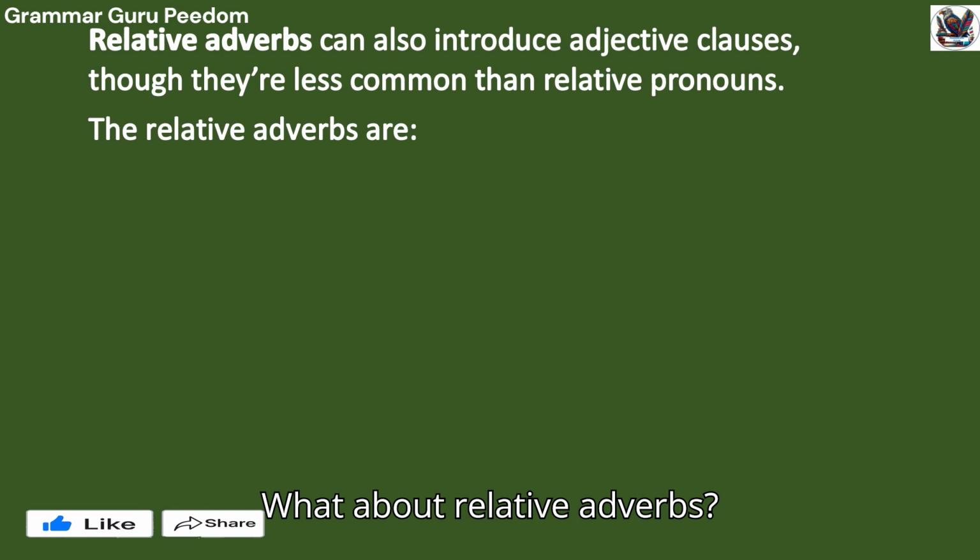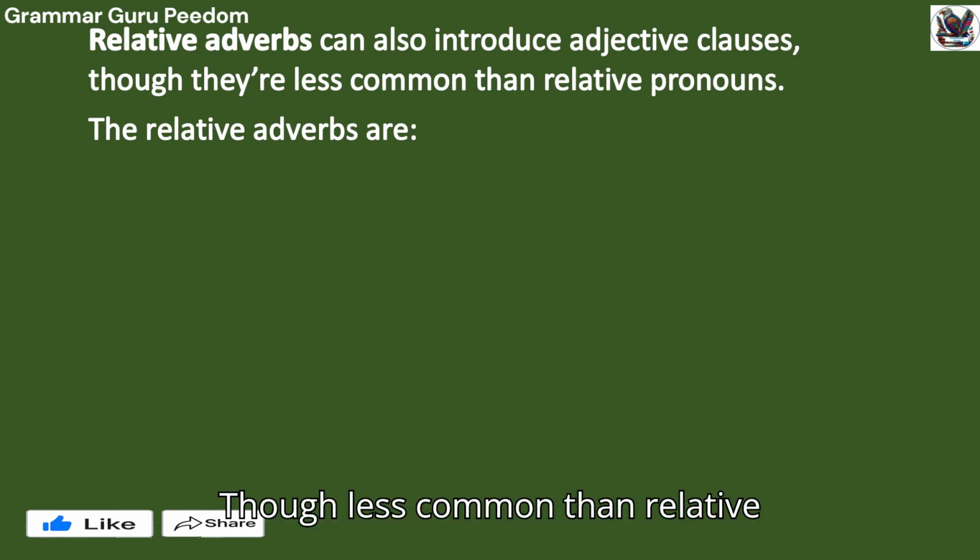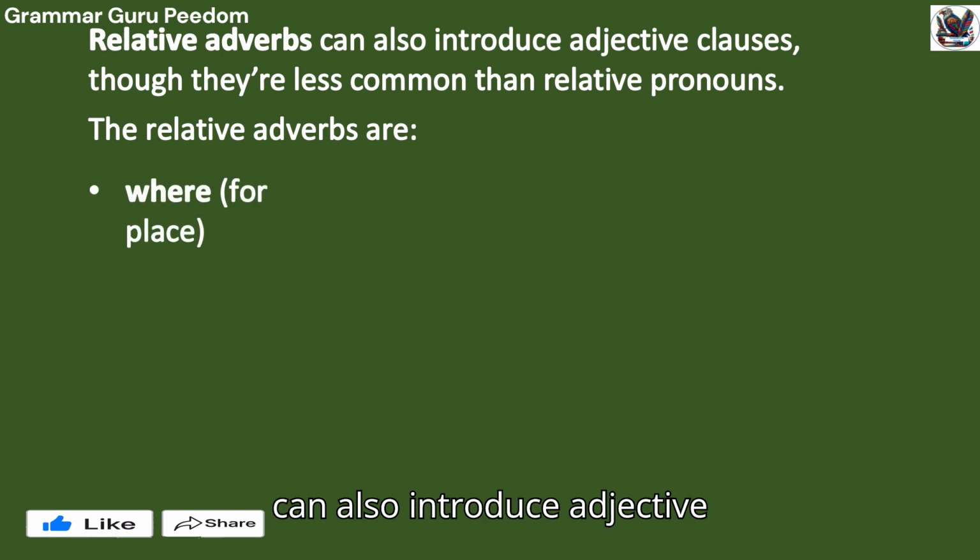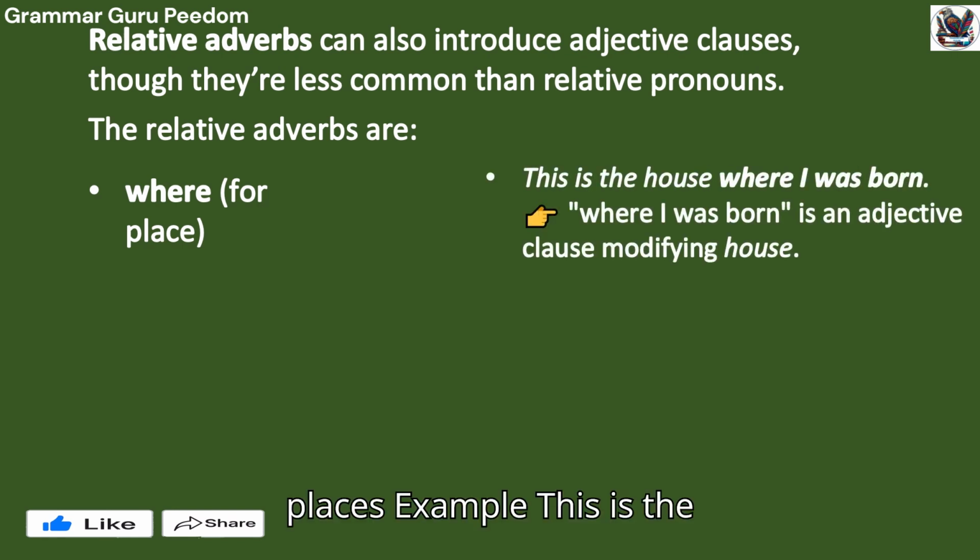What about relative adverbs? Though less common than relative pronouns, relative adverbs can also introduce adjective clauses. Where for places. Example, this is the house where I was born. Where I was born modifies the house.